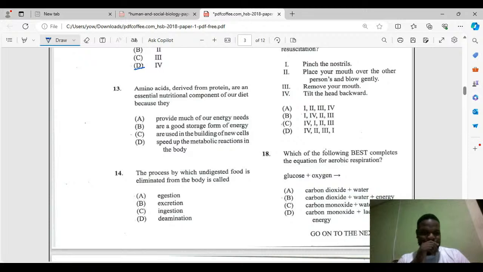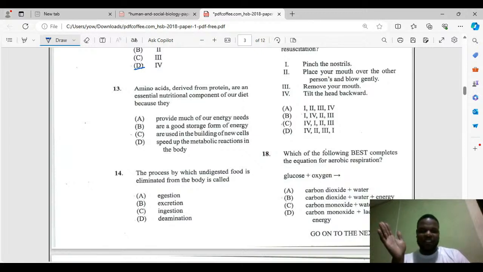They provide much energy needed. They are a storage form of energy. Building new cells, speed up metabolic reaction. So we're saying C, we're saying D.